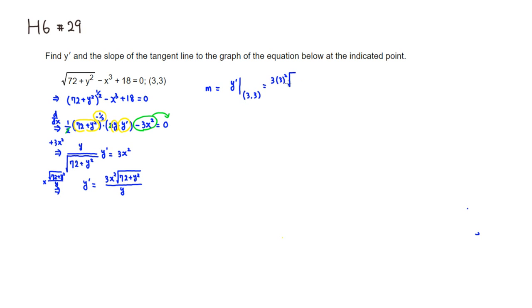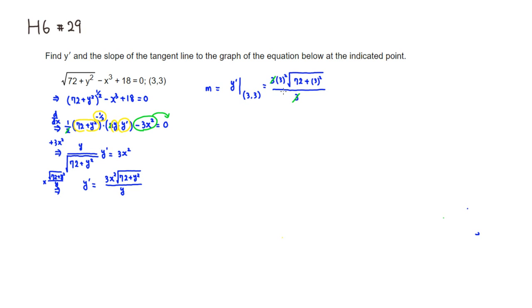And the square root of 72 plus 3 squared, over y, which is 3. So we can cancel one of the 3s here and the 3 there.